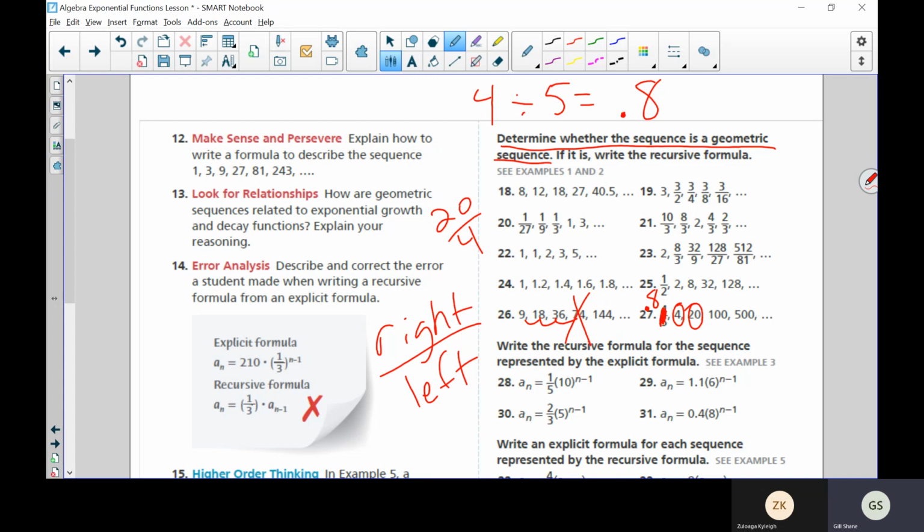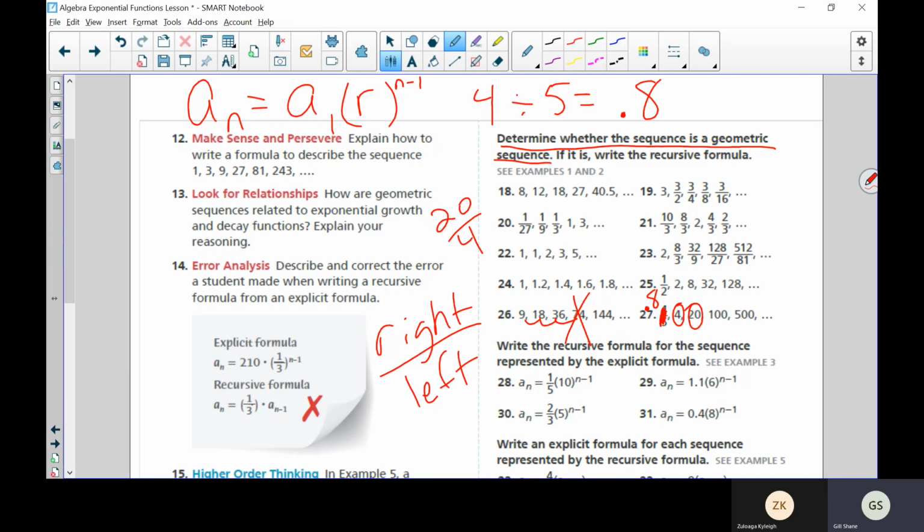All right, so the first thing you have to do is tell me whether or not it's geometric. The second thing you have to be able to do, once you know it's geometric, is write the formula for it. The explicit formula is a1 times r. Here's the only tricky part.